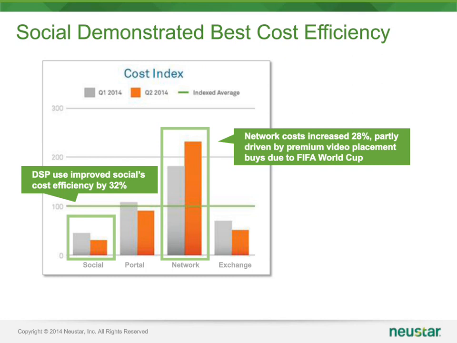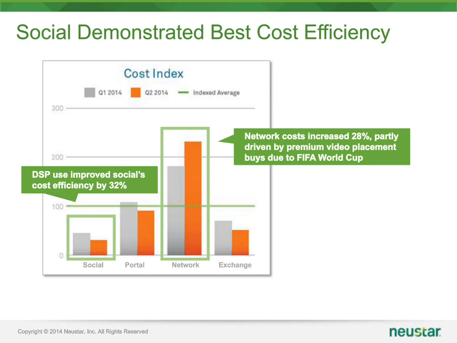On the other hand, on the network side, we see a continued increase in cost, and we believe that is also a continued trend from Q1, where private exchanges and programmatic buying are shifting some of their buy to premium inventory.